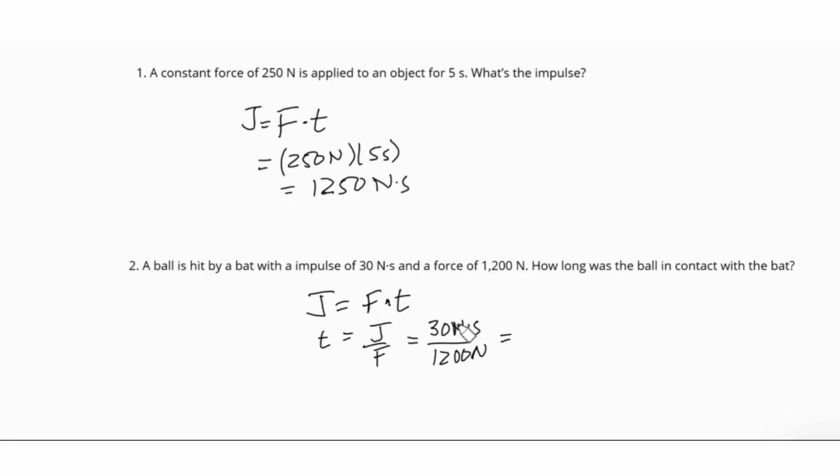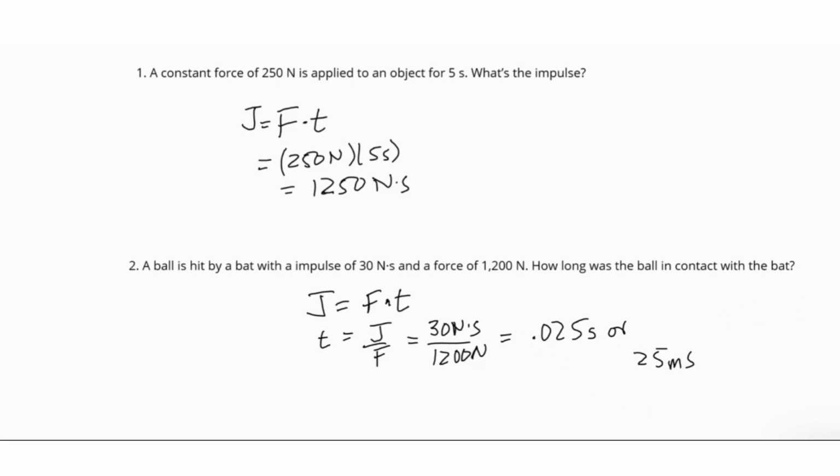And this is going to be 0.025 seconds, or 25 milliseconds. Okay, so that is how we find the time in a simple case like this.